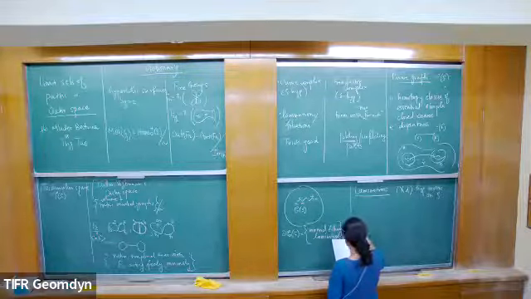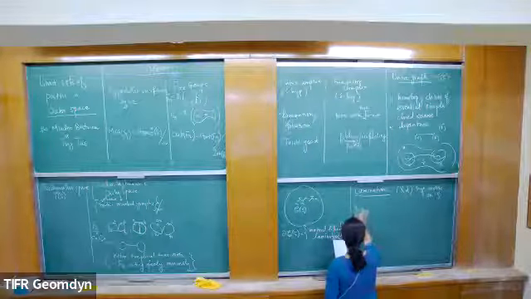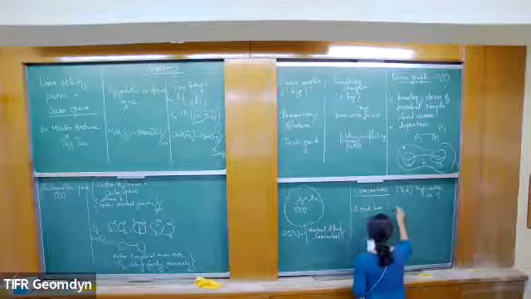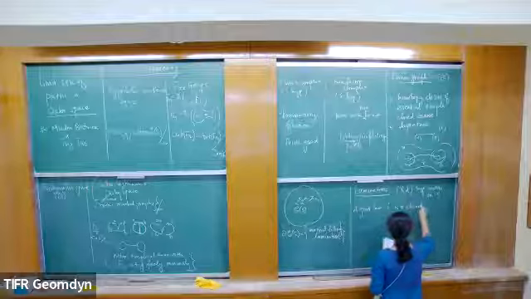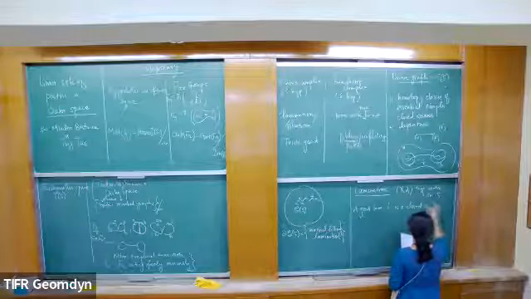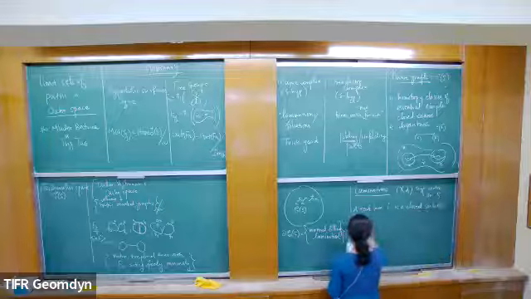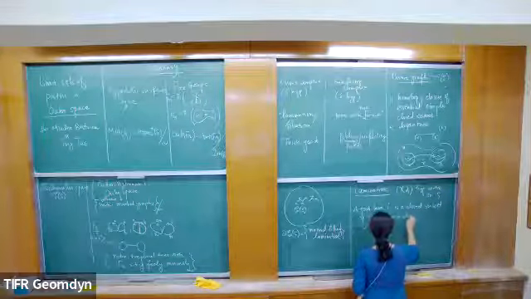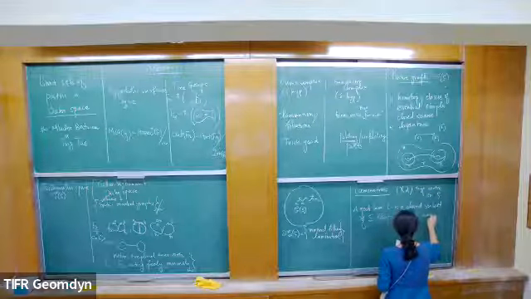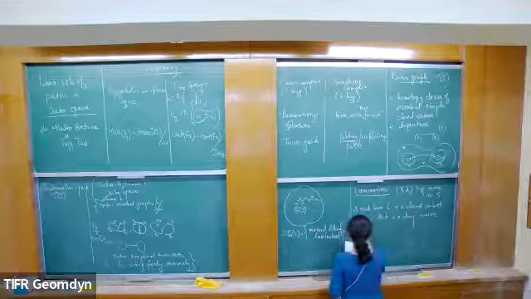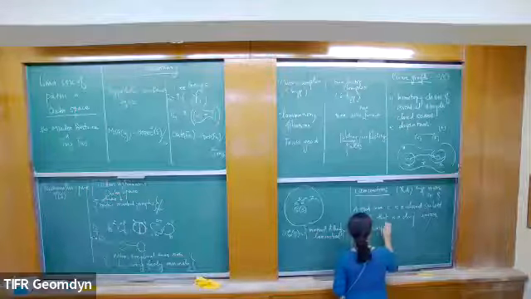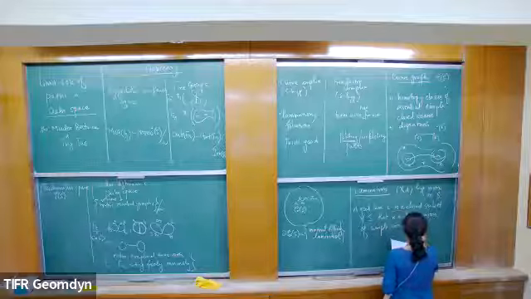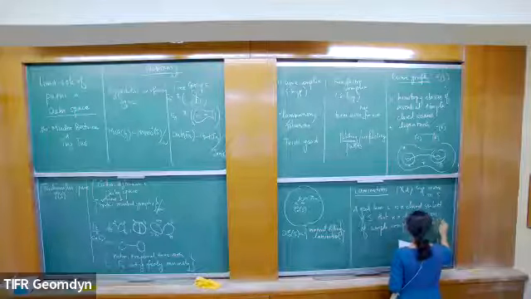A geodesic lamination L is a closed subset of the surface that is a disjoint union of simple complete geodesics in X.